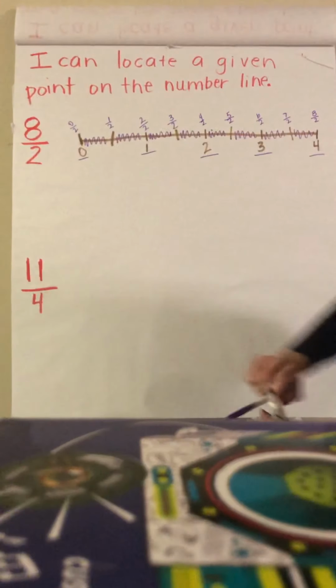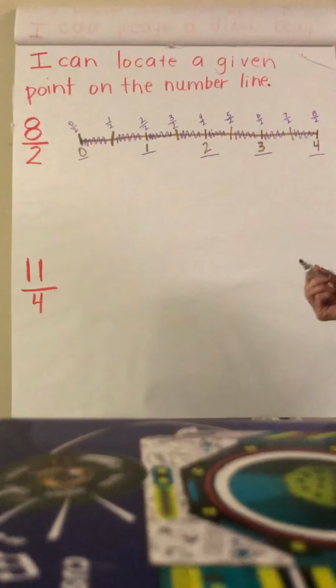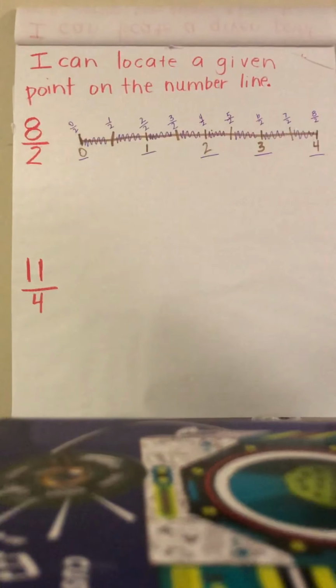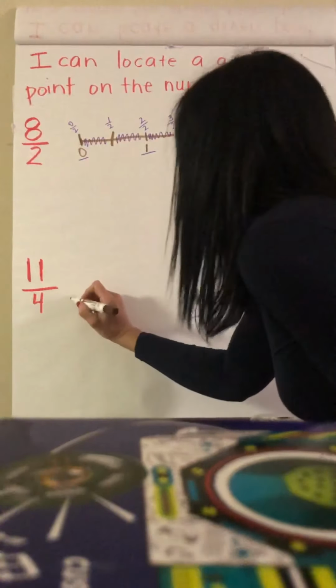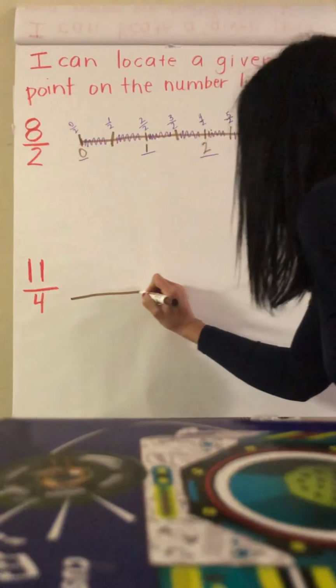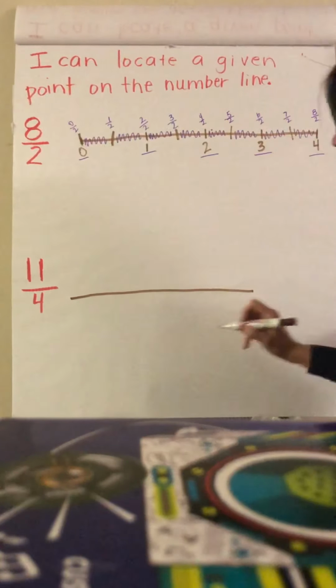Based on what information you know, how far do you think I need to make my number line to? Okay, so I'm going to use division to figure that out.